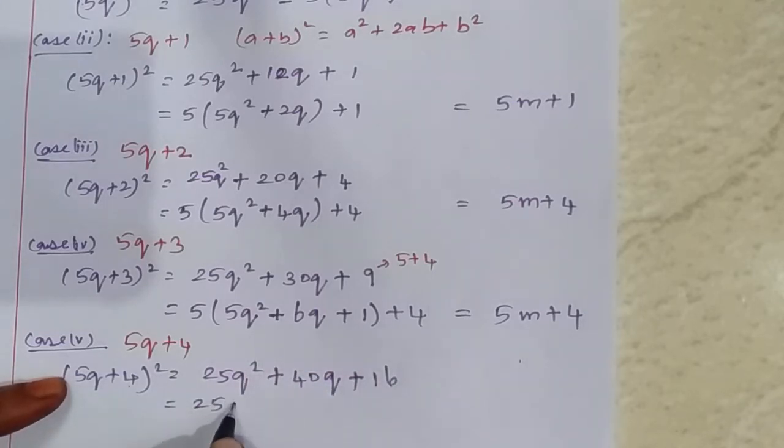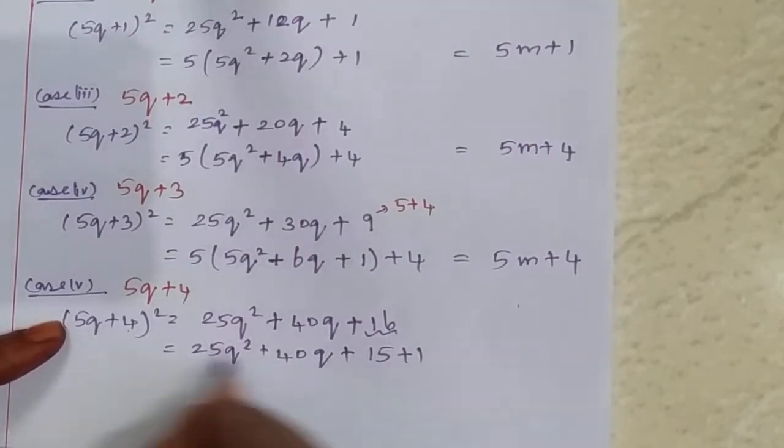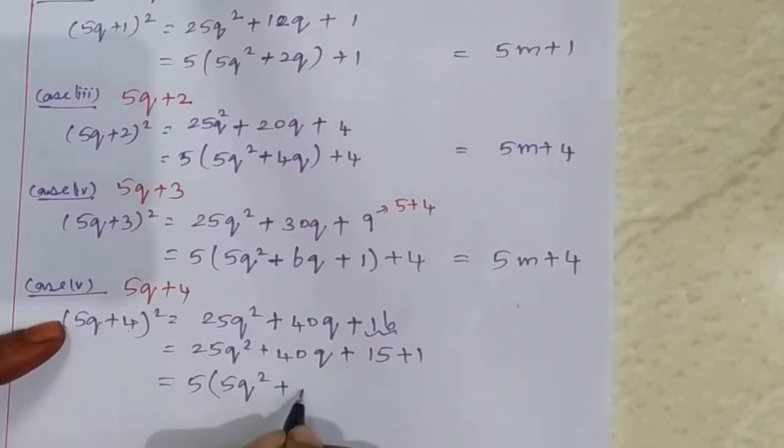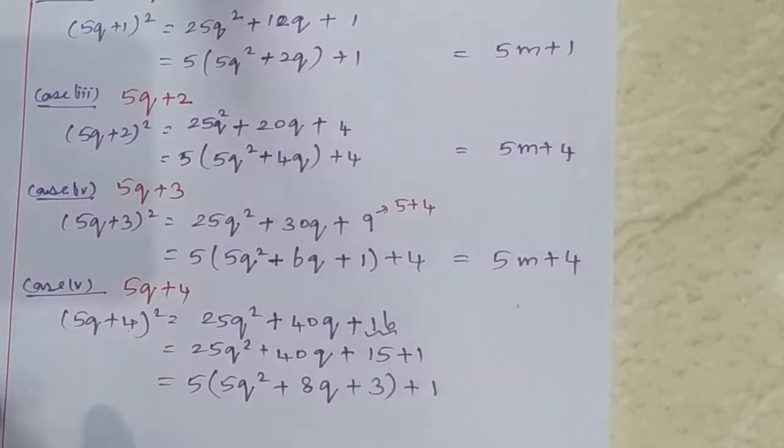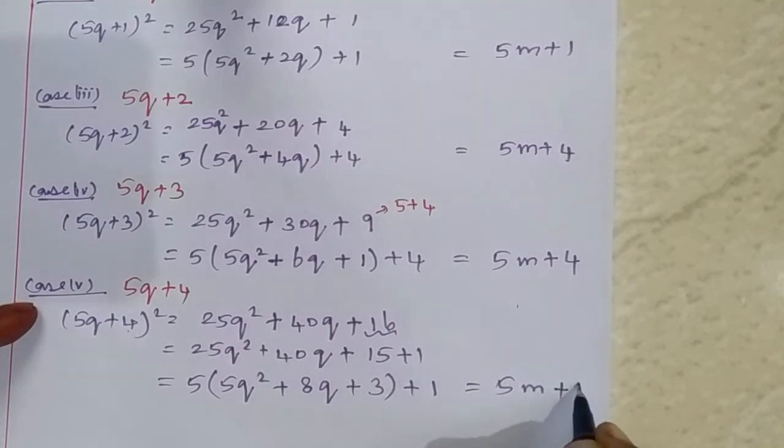Here we can split this 16 in multiples of 5, that is 15 plus 1. Now by taking 5 as common, we get 5 times 5q square plus 8q plus 3, plus 1. This is a multiple of 5, therefore we can write this as 5m plus 1.